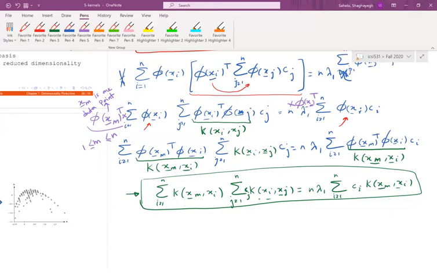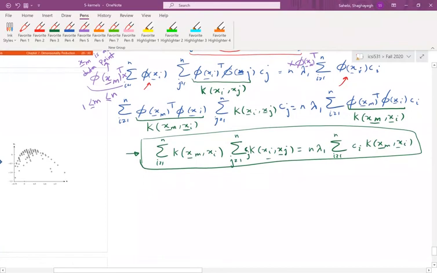We have n different unknown c's from c1 to cn. And at the same time, using different data points, xm's, in our data, we are going to have n different systems of equations like this one here.